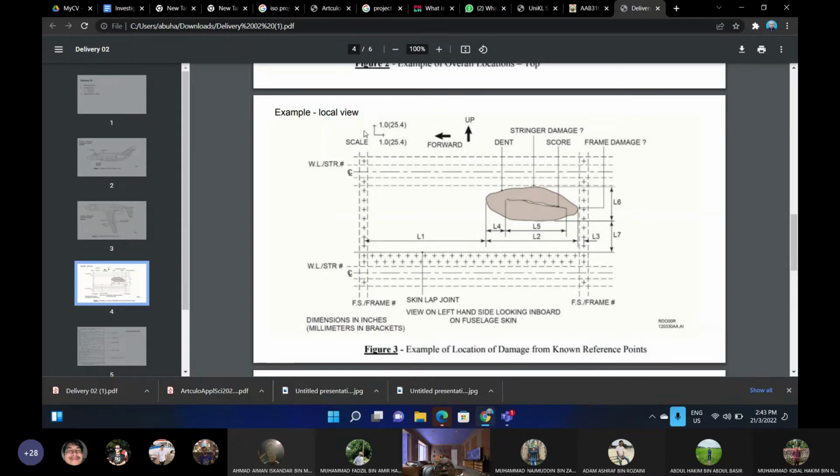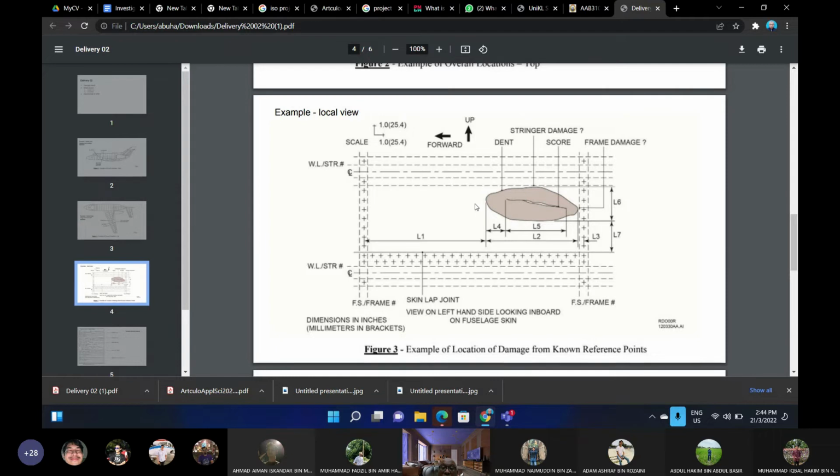And also, like the global view, you need to identify the body station or frame station, and then the nearest stringer on the top, or nearest stringer on the right, or nearest stringer on the left. So why do we do this? Because we want to clearly tell the people who read this report where exactly the damage is.